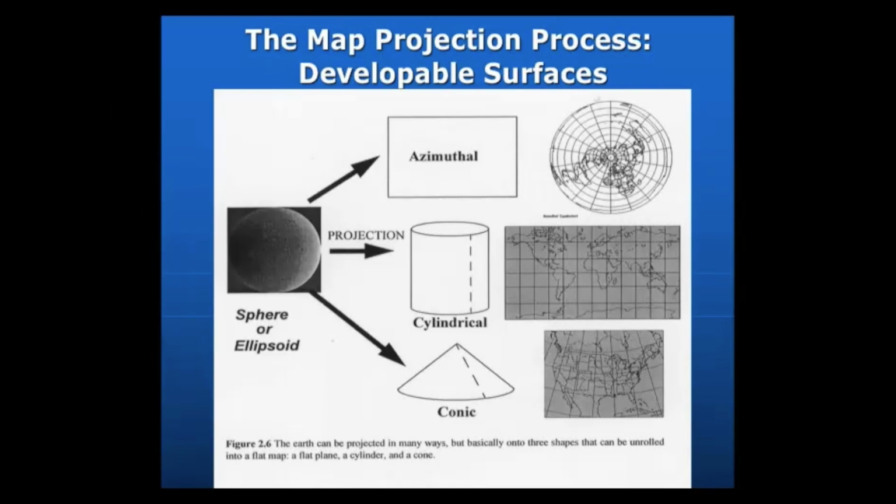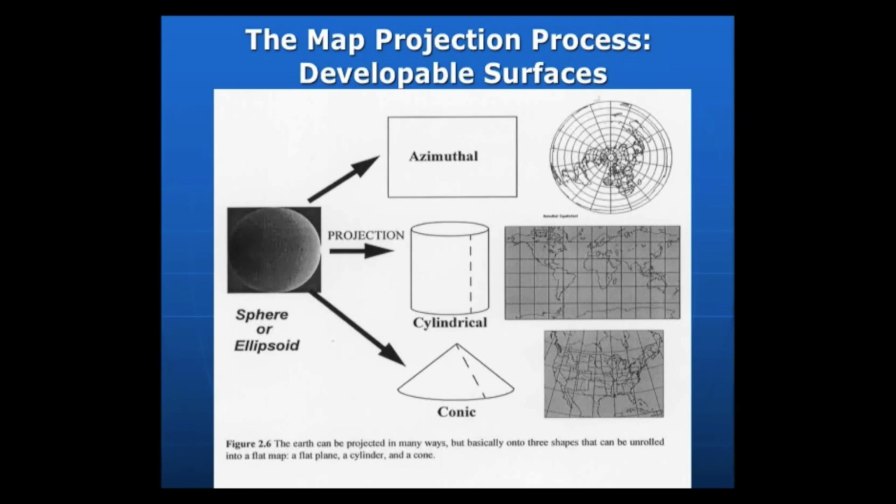So let's talk map projections. If we take our sphere or ellipsoid, our generating globe, we can project onto different types of surfaces. We're going to call these developable surfaces. Remember that we're looking at the grid, the graticule, and what it looks like in the process of going from 3D to 2D.